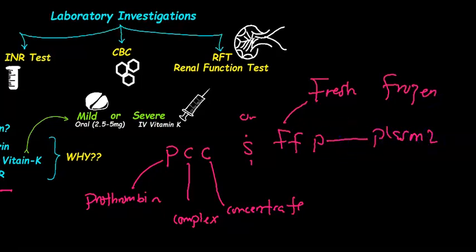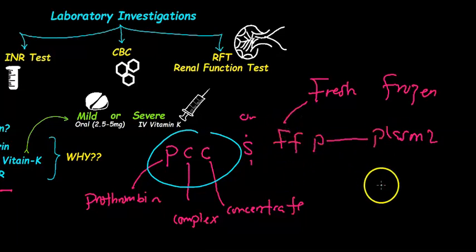Notice that this first one, the prothrombin complex concentrate, quickly reverses coagulation. What about the FFP, the fresh frozen plasma? We use this if the first one is not available, meaning that we use fresh frozen plasma if we don't have the prothrombin complex concentrate.